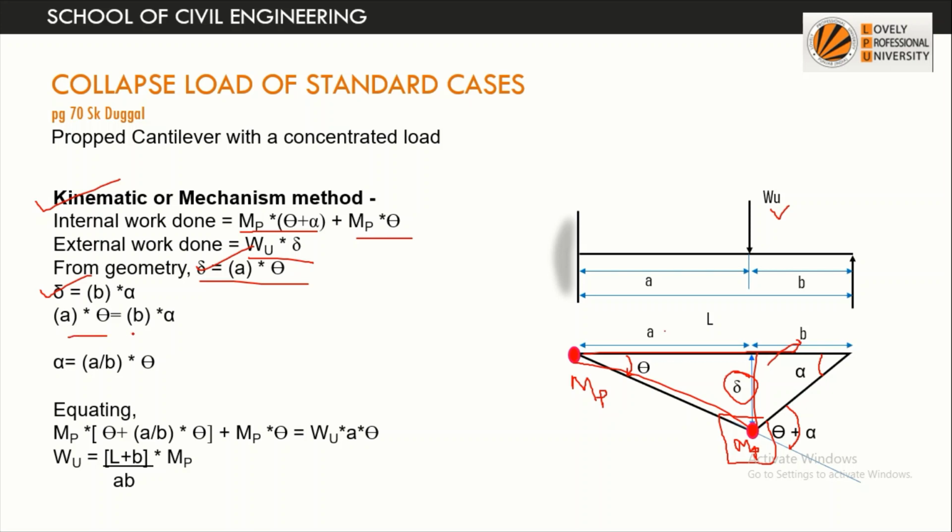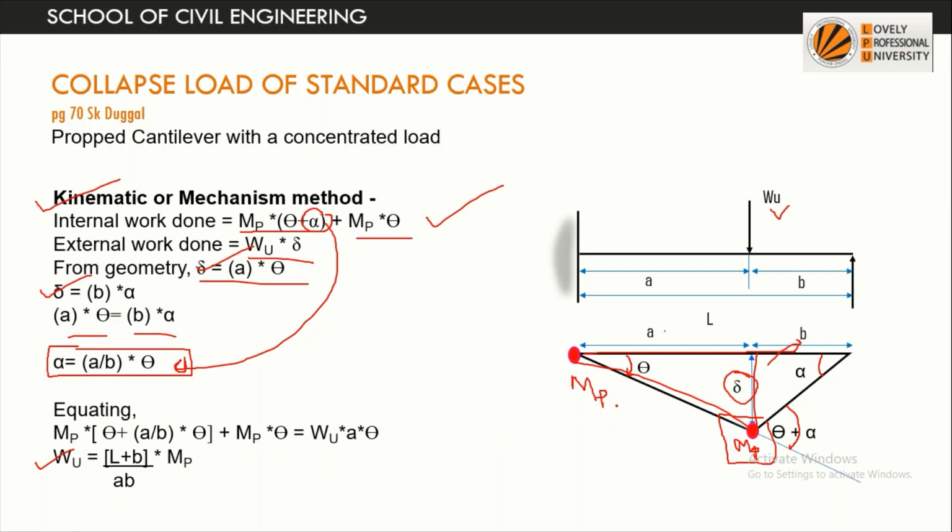So we equate these, and we get a relation between alpha and theta. In the equation, in place of alpha we replace it in terms of theta, and finally theta gets cancelled from the equation, and we get the value Mp into (L plus b) divided by a b.